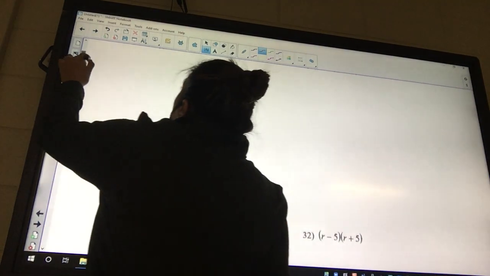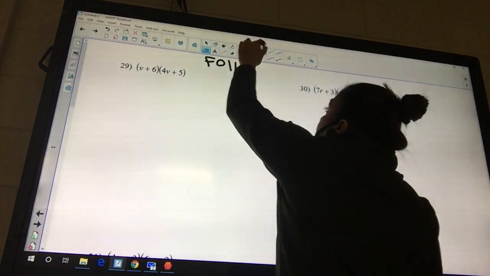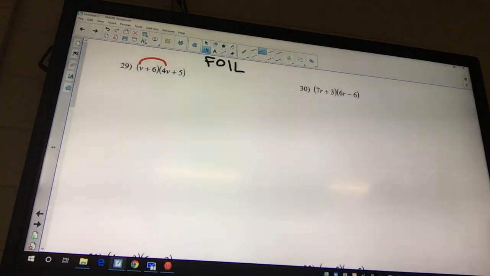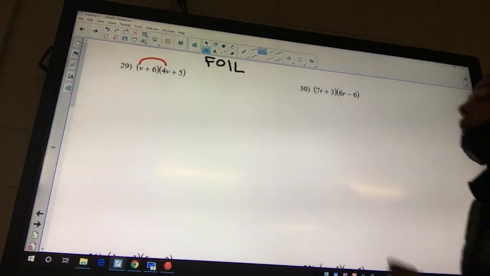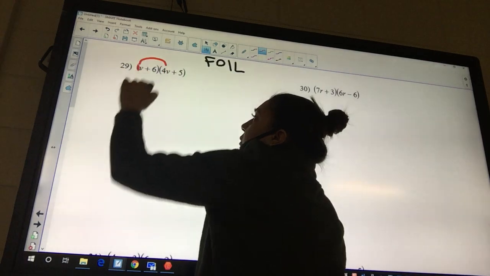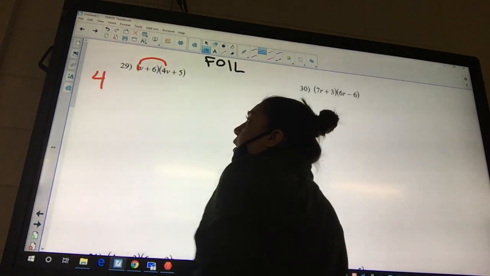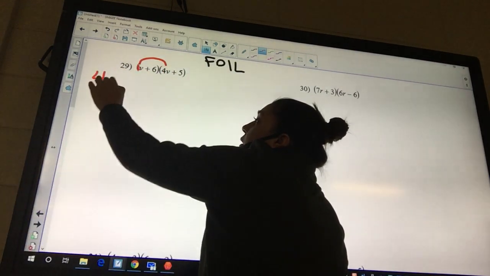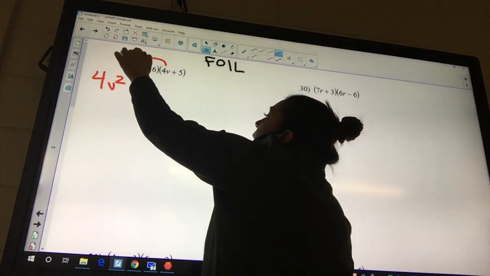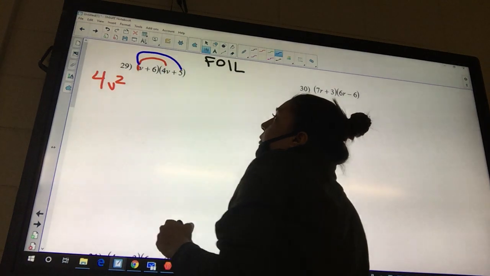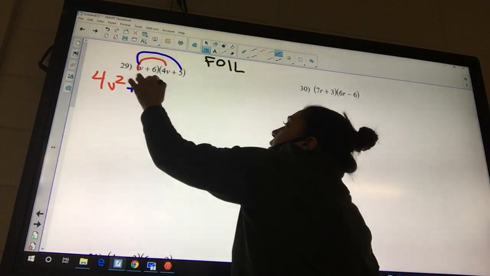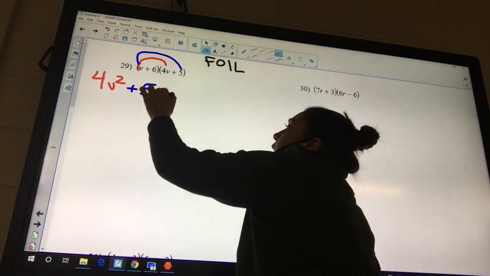So let's look up here. We're going to multiply the first. So V times 4V is what? 4V squared. Okay, and another way to look at it is just like distributing. There's 1 here, so 4 times 1 is 4. How many V's? 2. Okay, we multiply the first, the outer, so 1 times 5. 5. How many V's? 1.